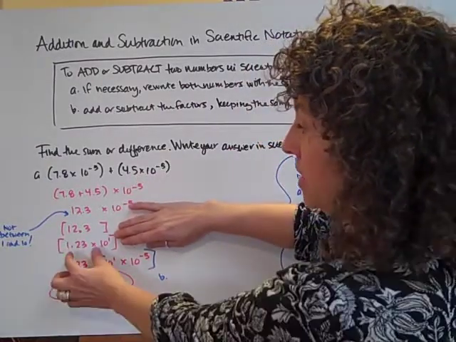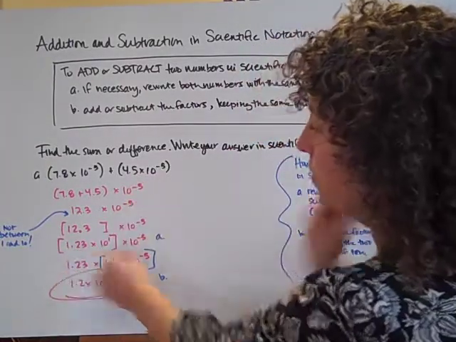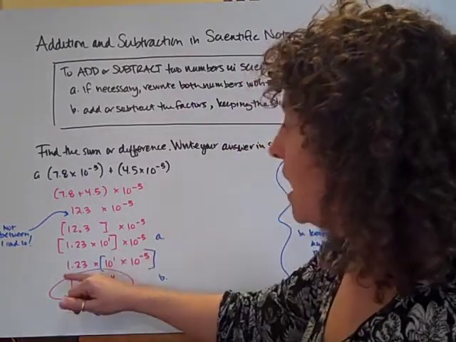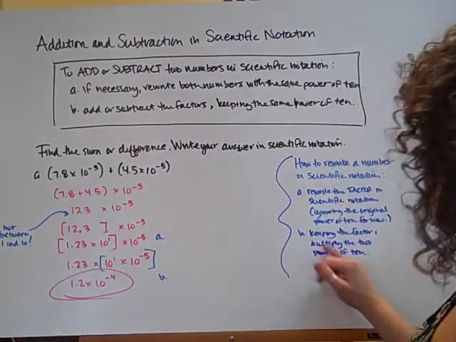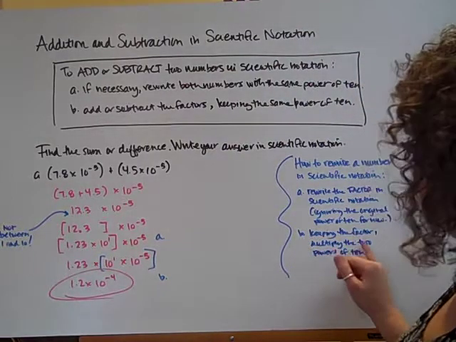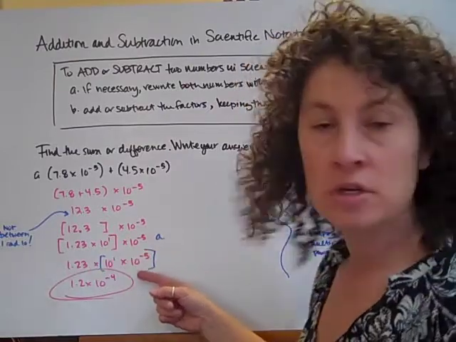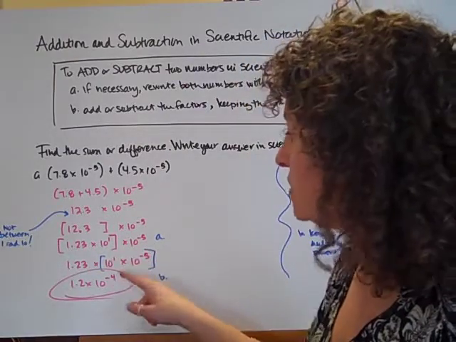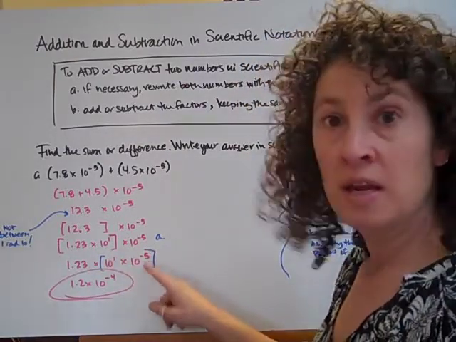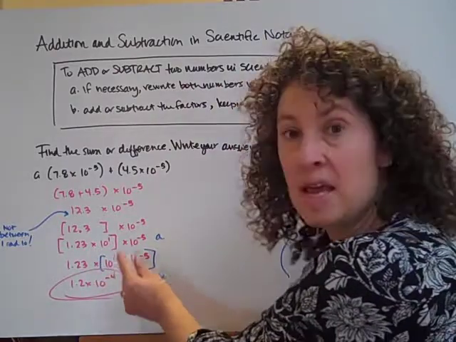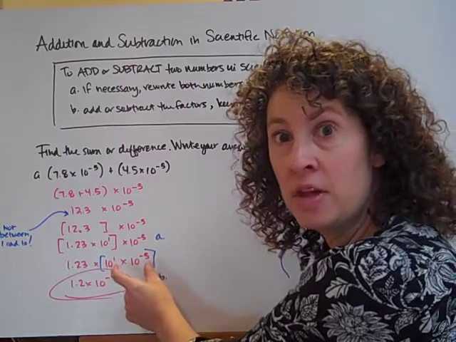After I've done that, and now this looks like scientific notation, I'm going to bring back the times 10 to the negative fifth that I had a minute ago, and now I'm going to leave the 1.23 alone. I'm going to keep the factor, and I'm going to multiply the two powers of 10. So I'm going to keep that factor there, and now I'm just going to mess around with my powers of 10. 10 to the first power times 10 to the negative fifth power. You'll remember that if I'm multiplying powers that have the same base, I can add their exponents.